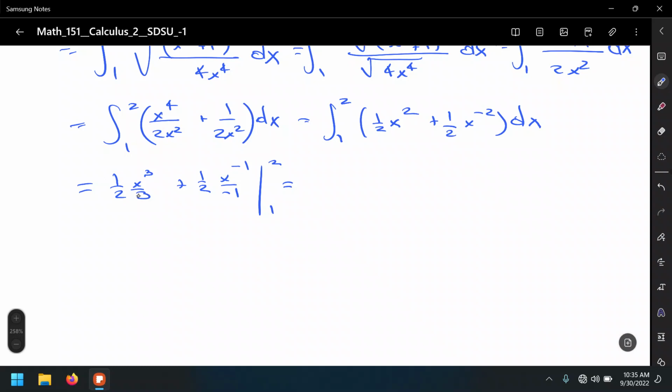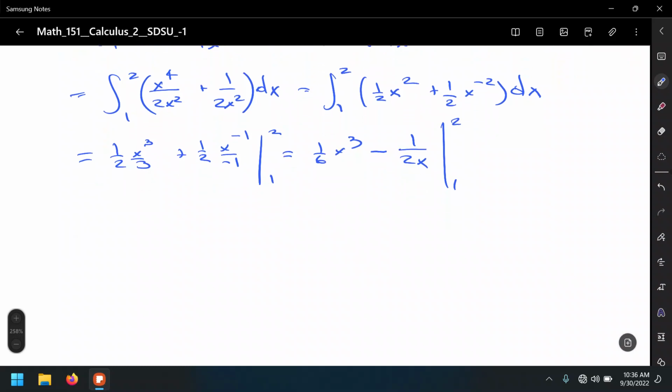So 1/2 times 3 in the denominator, that should be a 1/6 x cubed, plus a negative number, that should be a negative 1 over 2x. I'm going to write this x to the -1 as x to the first power in the denominator by laws of exponents. And that from 1 to, oh wait, not to 6, it's to 2, right? All right.